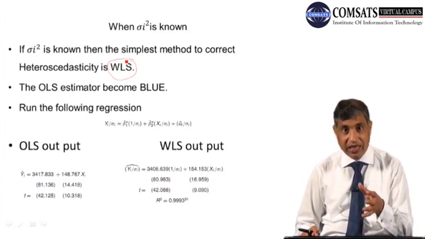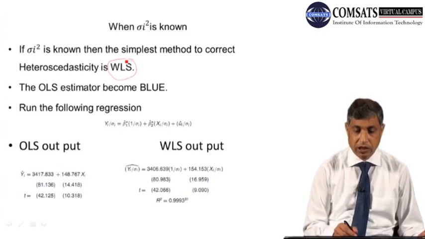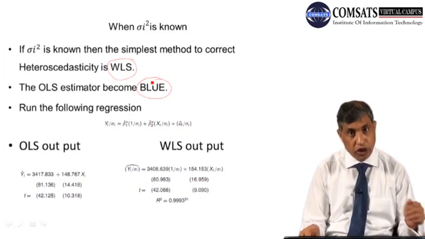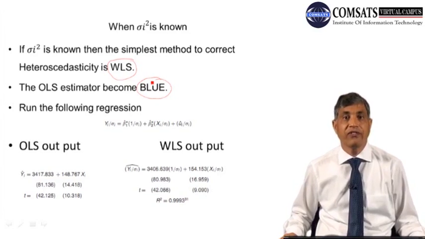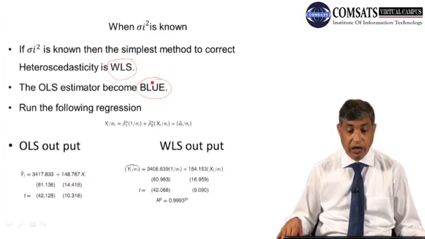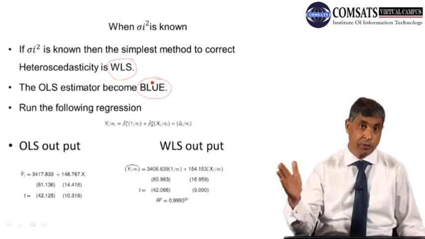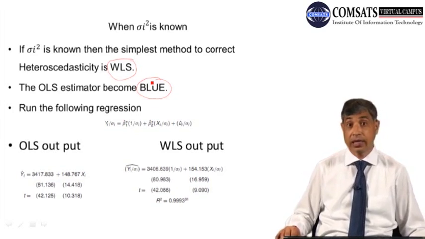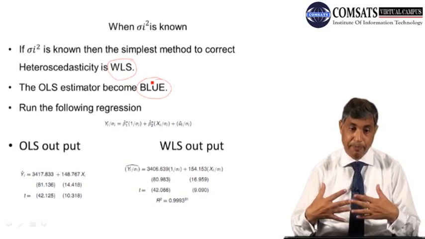Similarly, we will divide all the variables by the sum of the weight, and the OLS estimator becomes BLUE. If you diagnose that there is a problem of heteroscedasticity, you can use the weighted least square method. The parameters that were not BLUE in the case of OLS, now estimated by WLS, are BLUE, because now they have the minimum variance among the competitors.